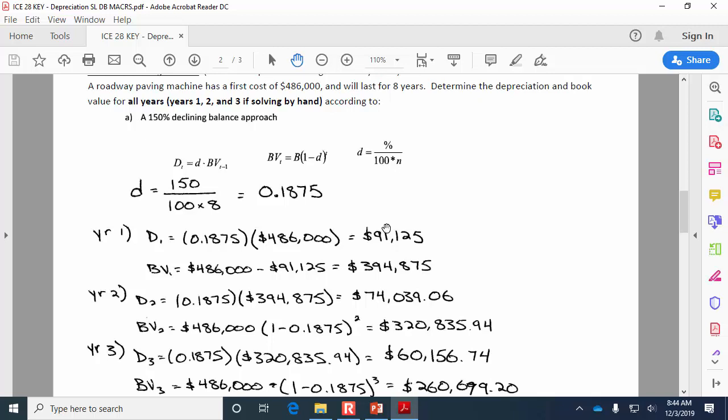So the initial book value was $486,000, and the depreciation during that first period is 18.75% of that. So you have to calculate the book value at the end of year 1 in order to calculate the depreciation amount during the second period. So it's a progressive calculation.